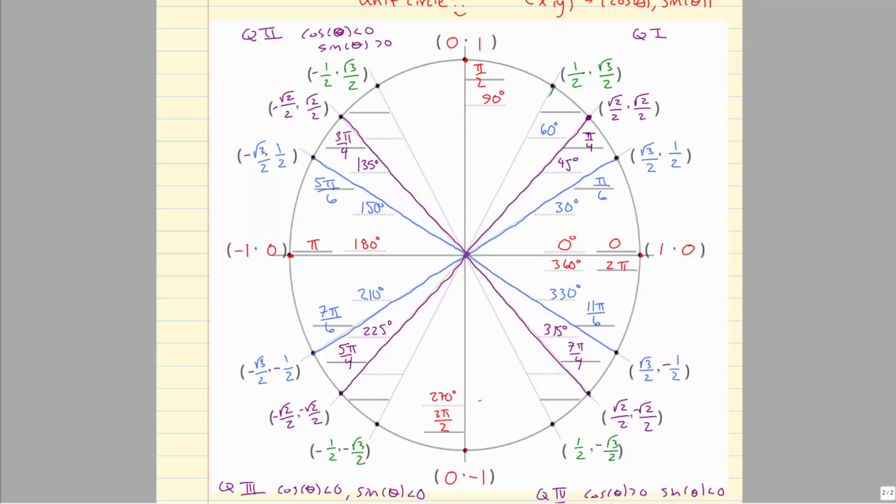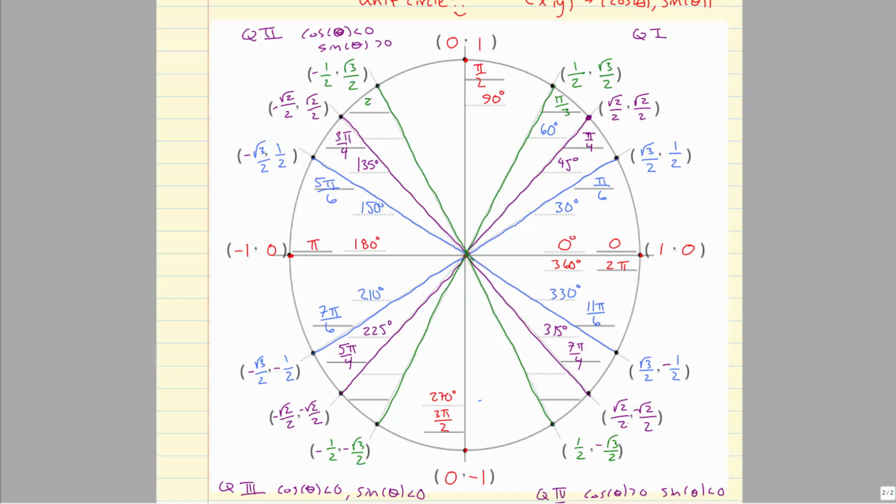So if you notice, there's a pattern here as well. I go from quadrant 1 down into quadrant 4, quadrant 2, quadrant 1 to quadrant 3. Then I'm going from quadrant 2 to quadrant 4. And I need to fill in these multiples as well. So here I'm at 60 degrees. 60 degrees converted to radians is pi over 3.